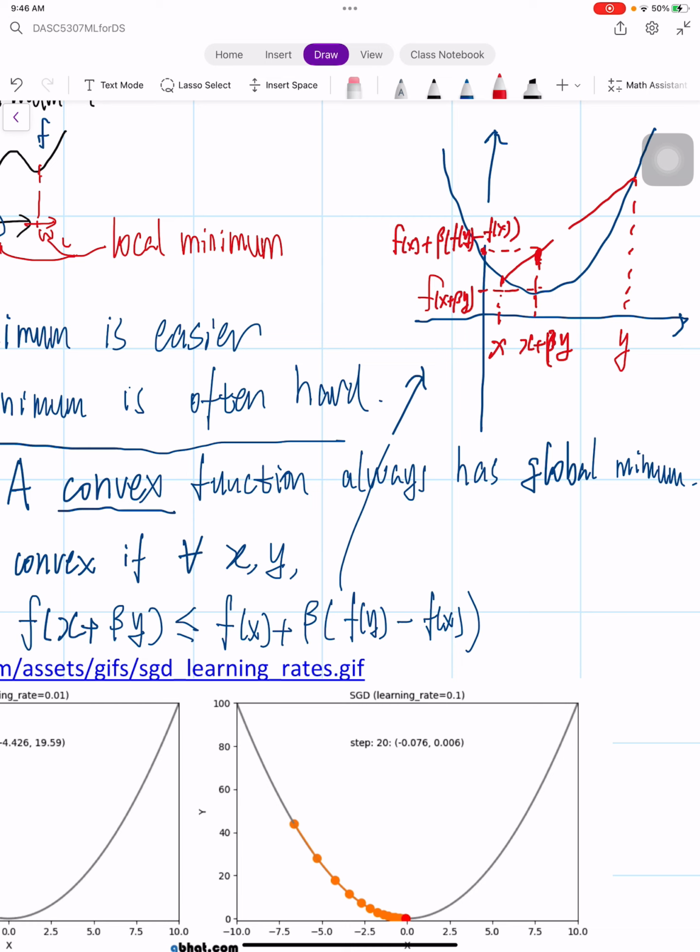In other words, if we had a parabola here, the line segment between any two values is above the function values at these points. If that's the case, we have the global minimizer. I think the geometric intuition is very clear here.